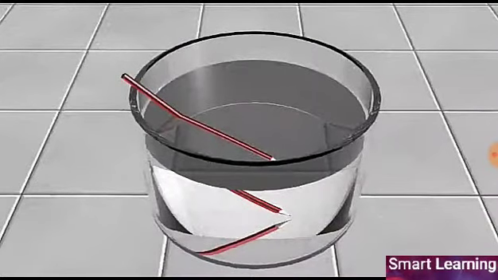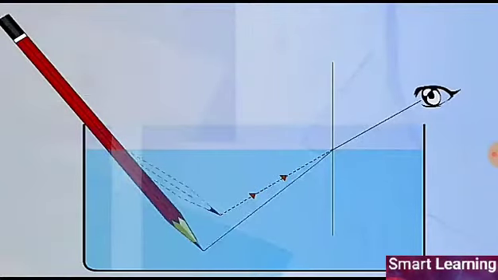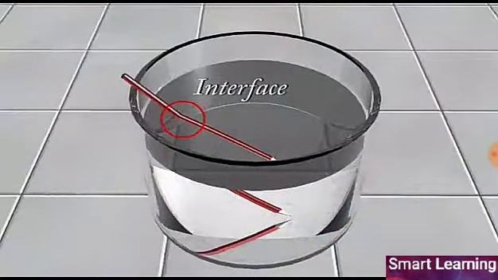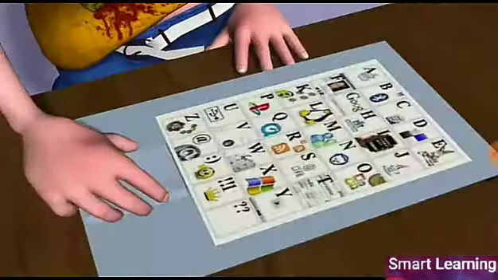Let us consider the case of the apparent displacement of a pencil partly immersed in water. The light reaching from the portion of the pencil inside water seems to come from a different direction compared to the part above water. This makes the pencil appear to be displaced at the interface.